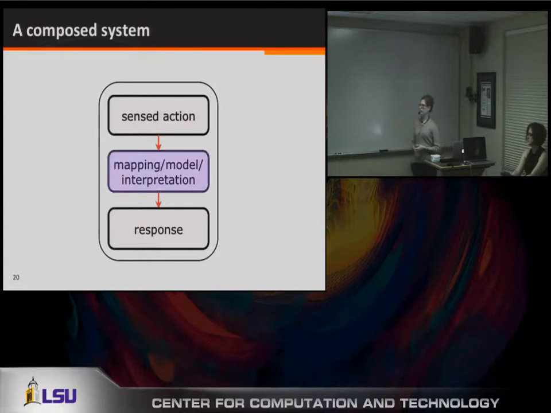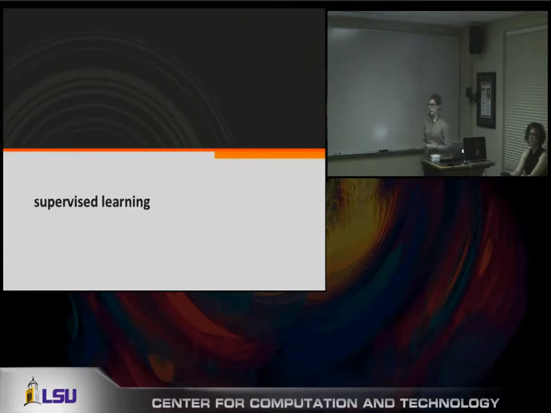And I'm really interested in this component here, which is how do we build these mappings or models or interpretations? Because this is really, in some sense, the essence of the instrument or of part of the interactive composition. And at the same time, this component can be really hard to design and to build in an effective and musical way. So that's really the work that I'm interested in.